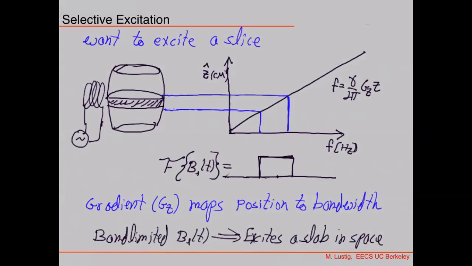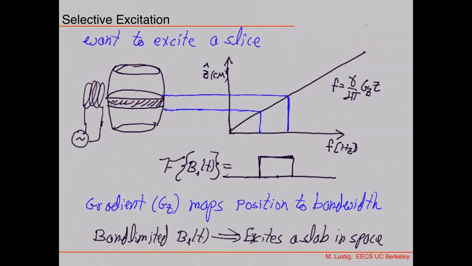Okay, so if I want to excite a slice, I have a volume. I'm applying a gradient, so my resonance frequency varies within this volume. And I have a coil here that is inductively coupled to this entire volume. Because I'm applying a gradient, there's a resonance frequency variation from down here, low frequency, all the way to high frequency.